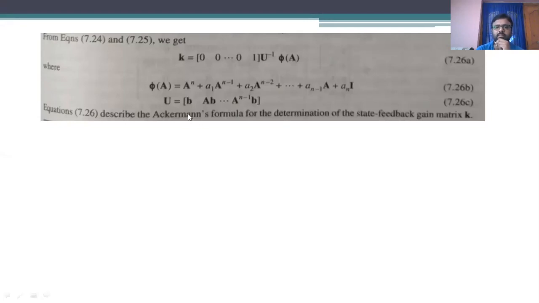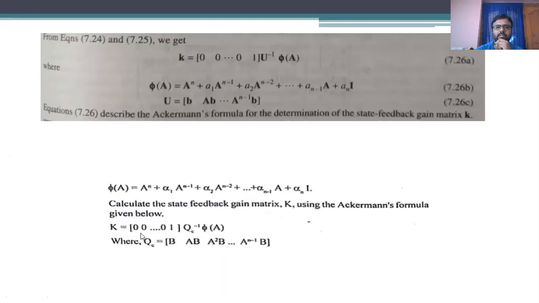Or else in some textbooks it is given like this: the state feedback gain matrix is calculated as 0, 0, 0, and so on up to 1, into QC inverse into phi of A, where QC is the controllability matrix. So don't get confused about these notations.